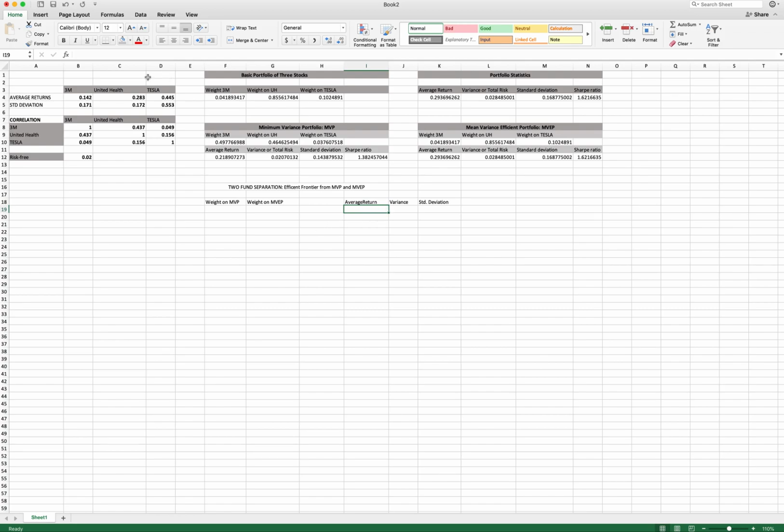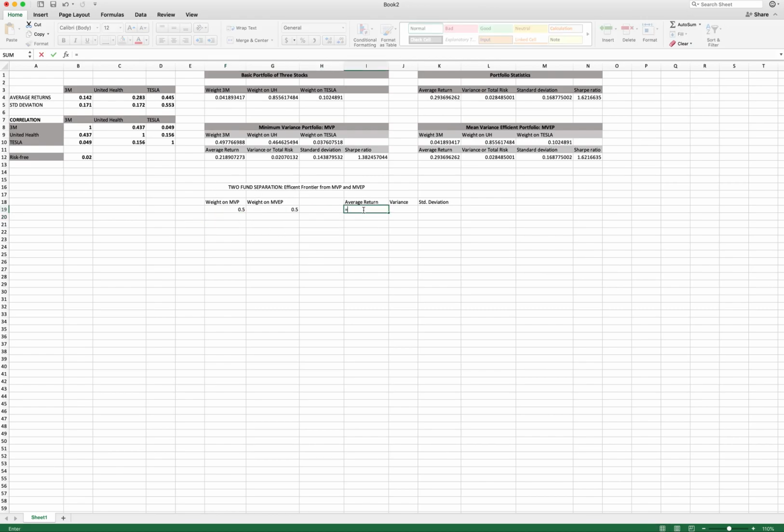Okay, that's all I need. All right, so let's start with some simple weights. I guess I could do like 0.5. We'll change this in a minute. And this is going to be equal to 1 minus that. Okay? So the sum of those weights is going to be equal to 1.